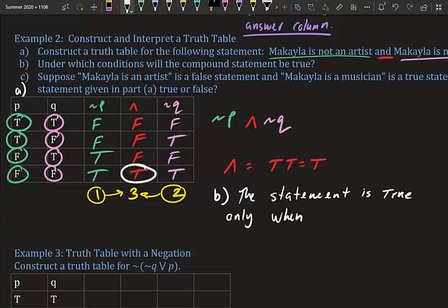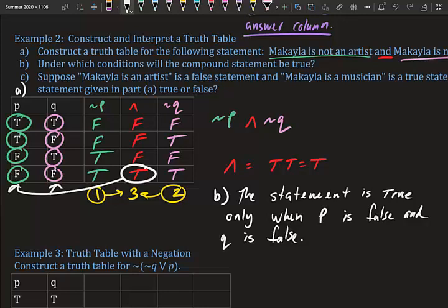That's when it comes out to be true, because remember, the answer column is your last column. So column 3 is your answer column. So in order for it to be true, P is false and Q is false. So in order for this to be a true statement, we have to say it in the way where P is false and Q is false.